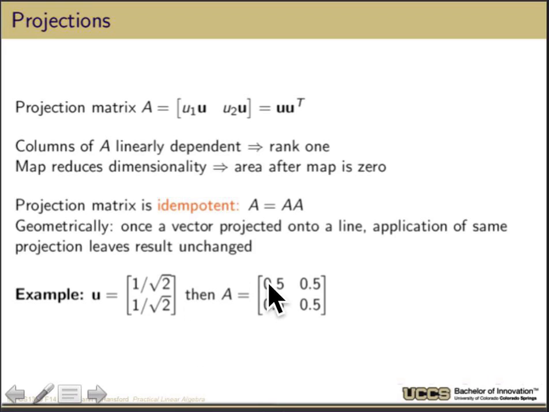I multiply those out, and I get a 2 by 2 matrix. Remember, I'm taking a 2 by 1 times a 1 by 2, so the resulting product is a 2 by 2. If you write this out in Tableau form, that'll become more obvious to you. They actually only intersect once, and you just get 0.5, 0.5, 0.5, 0.5. That is our matrix that will project onto that.